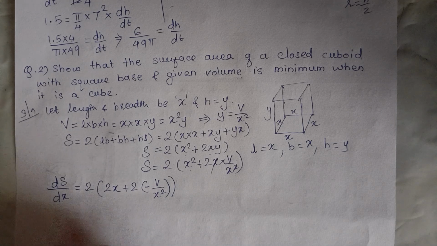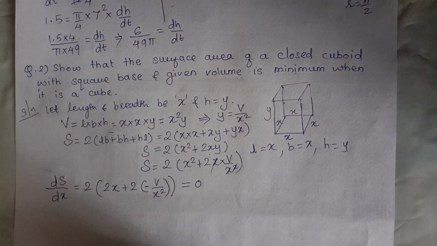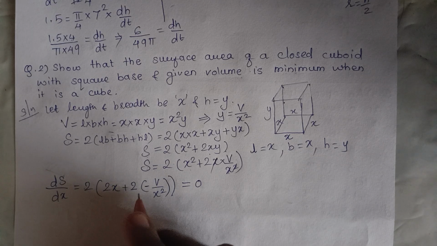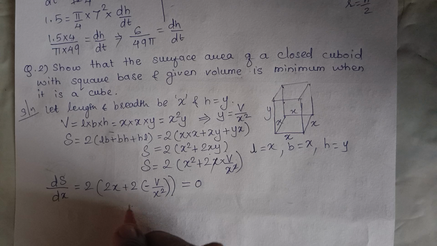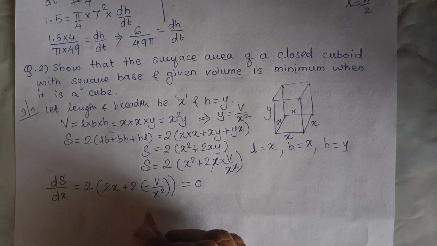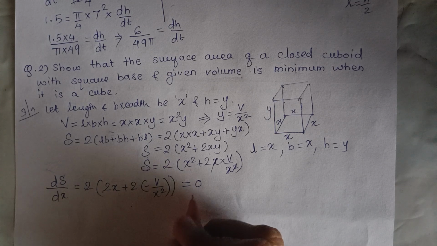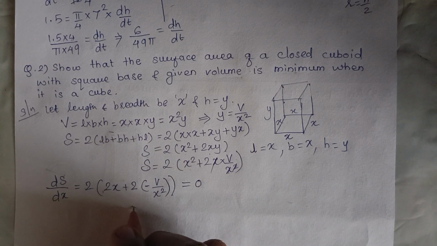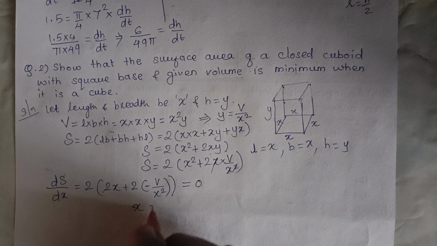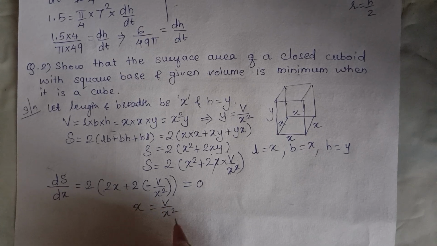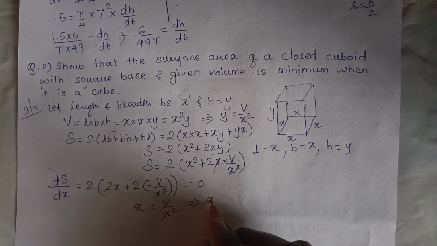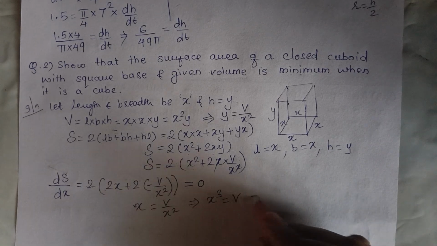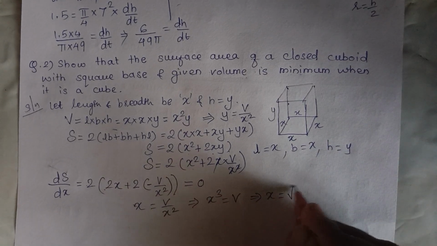So this you have to put equal to 0. Now you have to find the value of x. 2 we can take common, it gets multiplied with 0. Then we can write x equal to V by x square. So x cube is V, so x is cube root of V.